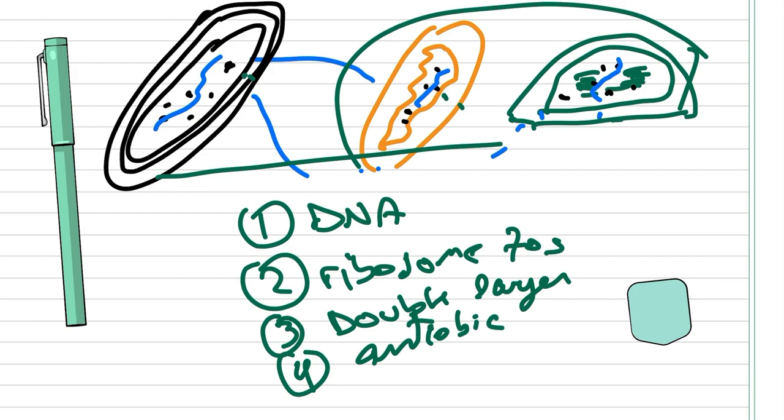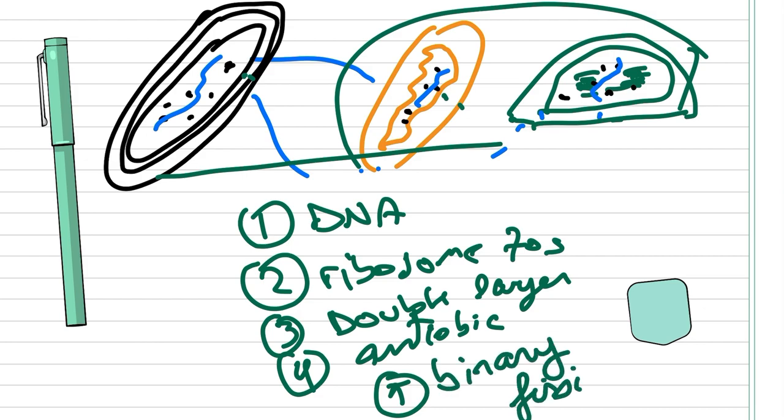And of course, last but not least, when they do cell division, they do it with binary fission, which is the cell division of bacteria. But guess what? Mitochondria and chloroplast can make copies of themselves through binary fission. So these are the 5 pieces of evidence that might say, hey, it is possible that mitochondria and chloroplast were eaten by another eukaryotic cell, and then it became the big eukaryotic cell.